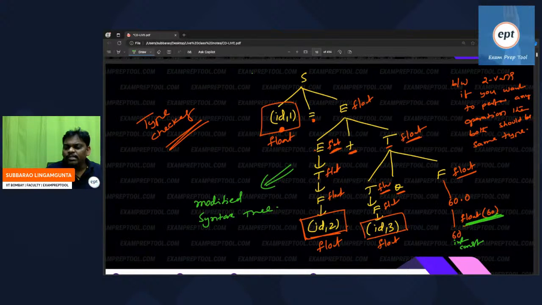Someone is saying annotated syntax, afterwards we'll see. Yeah, whatever you are saying, that is also correct. Can you help me? Out of all these three people, who will bother about types?